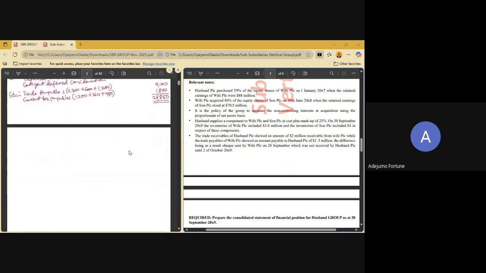The difference being as a result of a cheque sent by Wife PLC on 28 September, which was not yet received by Husband PLC until 2nd of October. Required: prepare the consolidated statement of financial position for Husband Group as at 30 September 20x9.